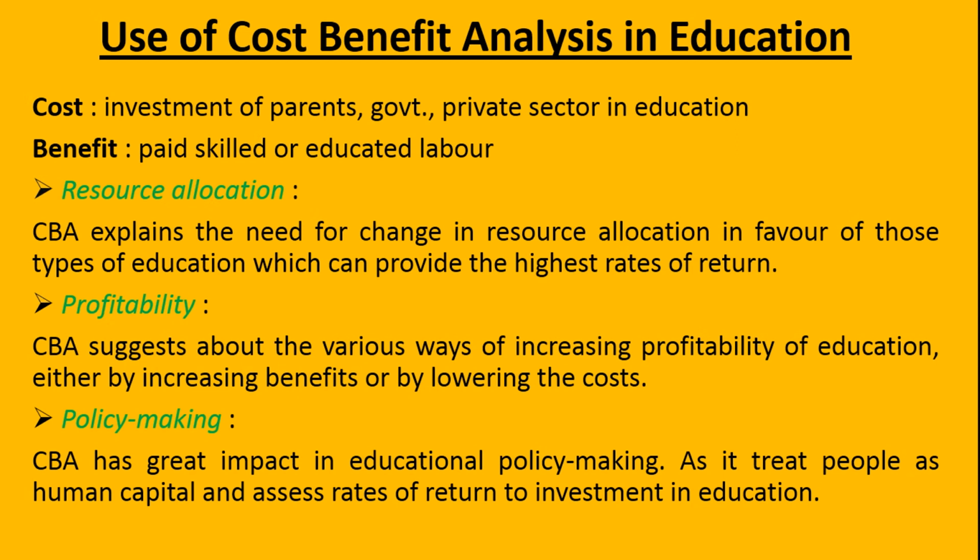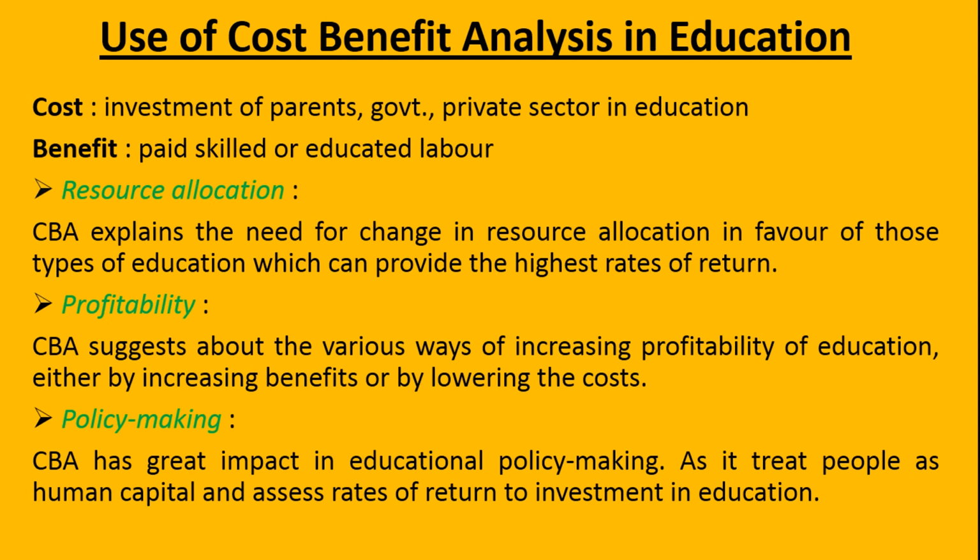Now, what are the uses of cost benefit analysis in education? Broadly, three uses are there: resource allocation, profitability and policy making. Now, what are the resources in education? Resources in terms of laboratories, libraries, playgrounds, potential educators, etc., which could provide the highest rates of return.